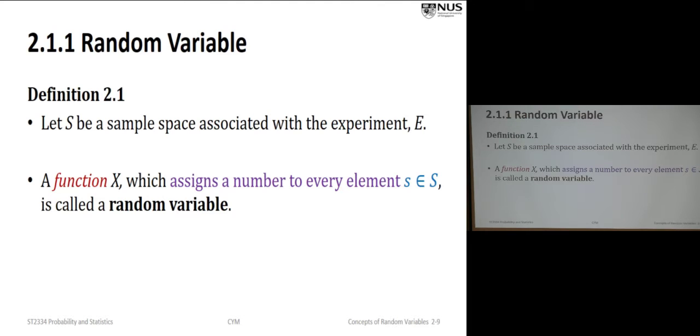All right. So now we go to a formal one, random variables. Let S be the sample space associated with an experiment E. That means they are doing something and there's an outcome, a bunch of possible outcomes. A function X which assigns a number to every element in S is called a random variable.